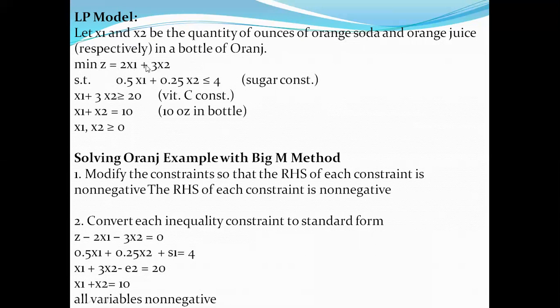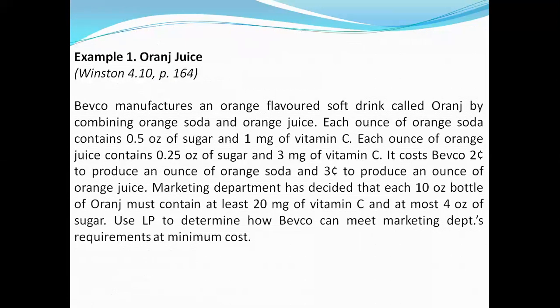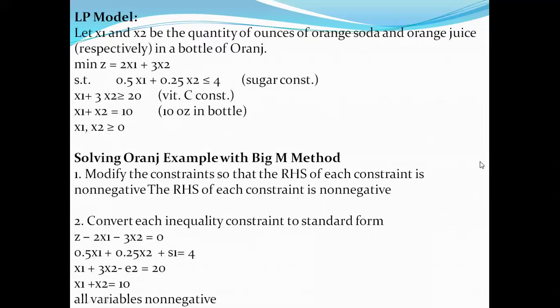Here 2 and 3 represent the coefficients, that is 2 rupees for producing this soda and 3 rupees for producing this orange juice. So hence, upon mixing of these both, we will be getting a bottle of orange.